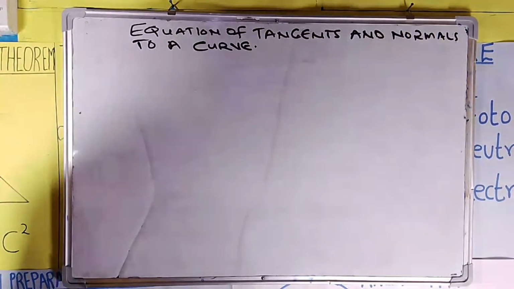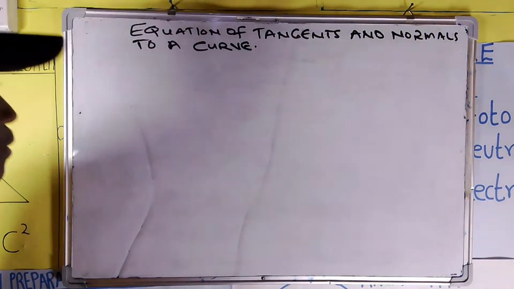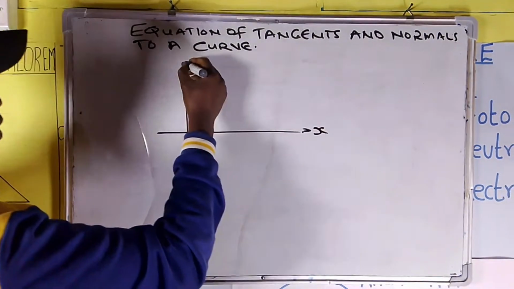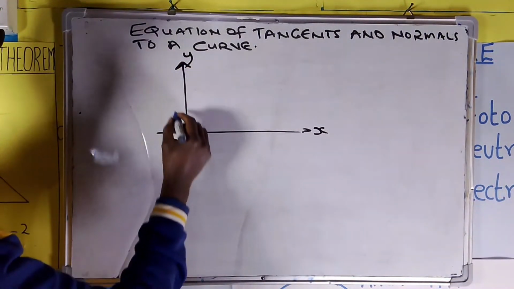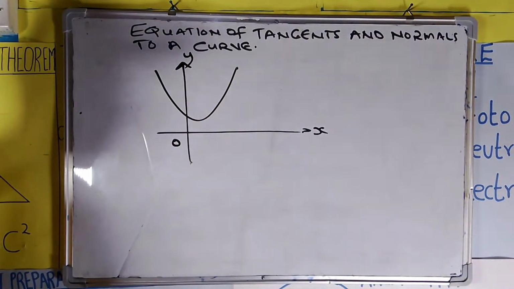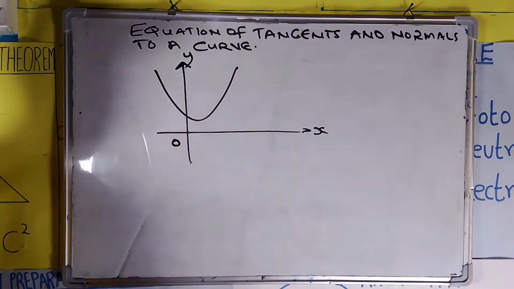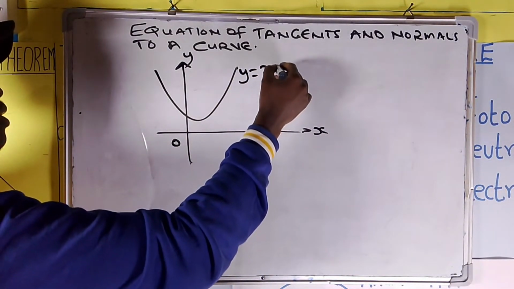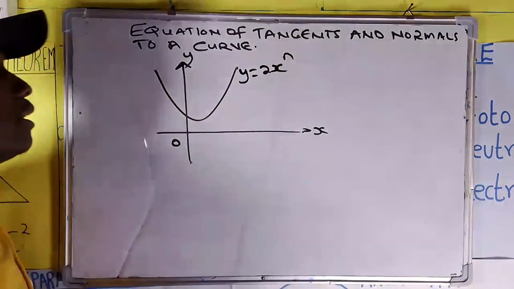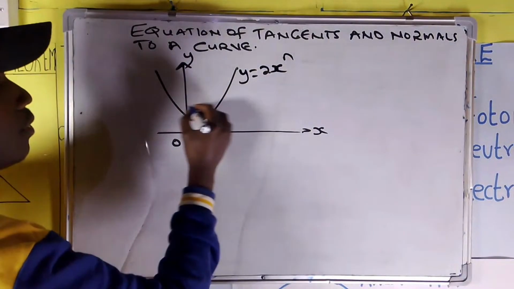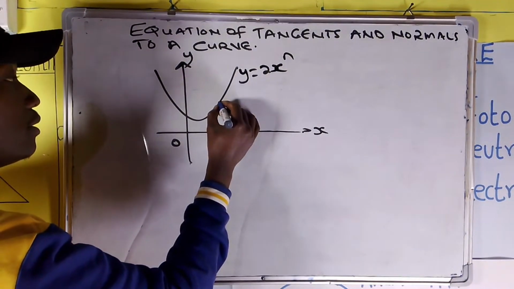So talking of tangent, we mean given a function in form of x and y, that can be our function. When we have such a kind of a function, we can say this one is y equals to 2x to power n. Let's just call it like that. And we have a point here.